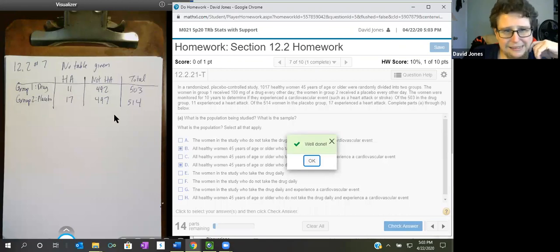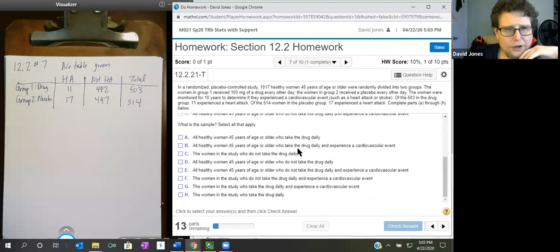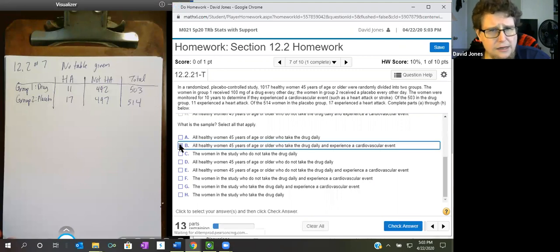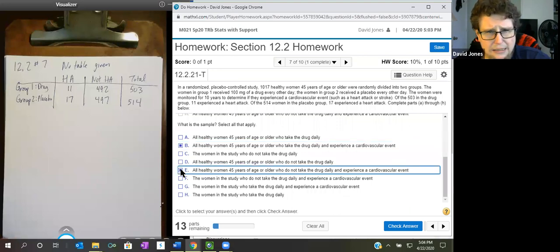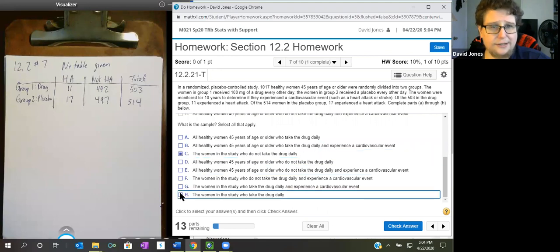So take it or don't take it. What is the sample? The samples are people that experienced a cardiovascular event when they take the drug or they don't take the drug. And it's not all healthy women, it's just the women in the study. The sample is the women in the study who do not take the drug daily and the women in the study who do take the drug daily.